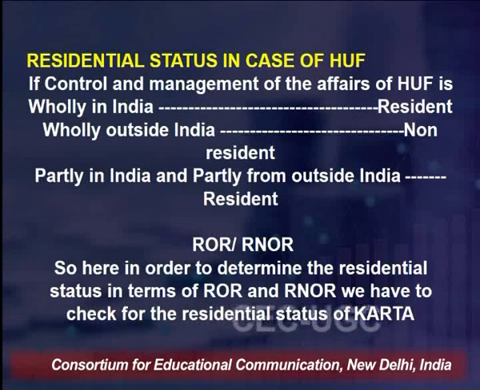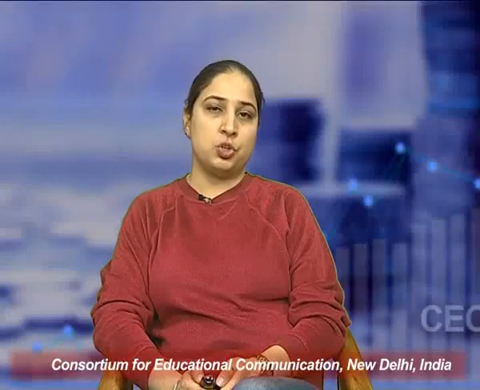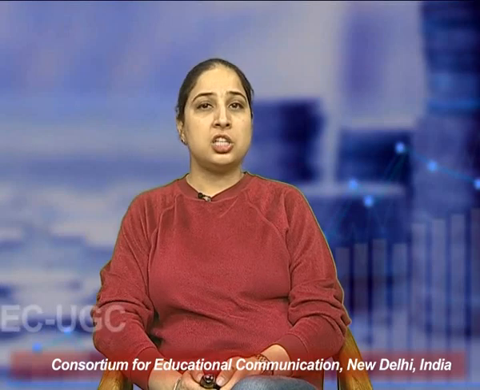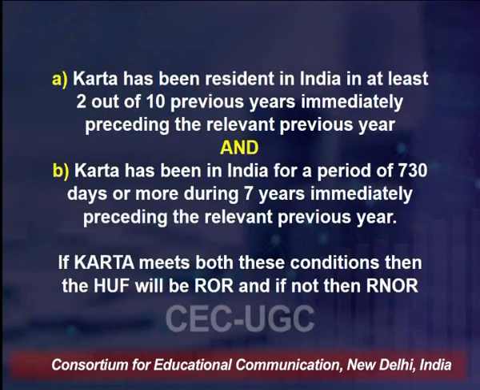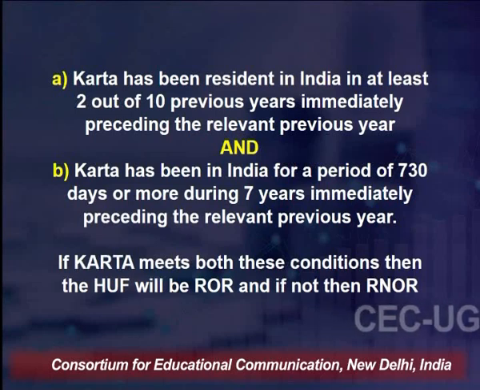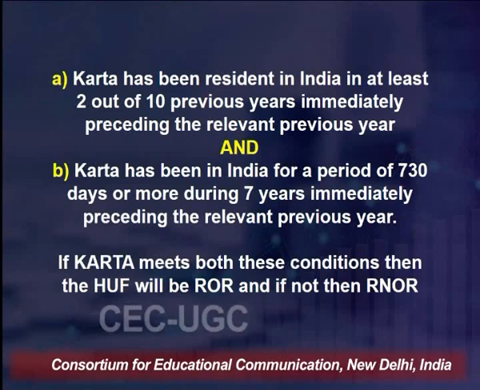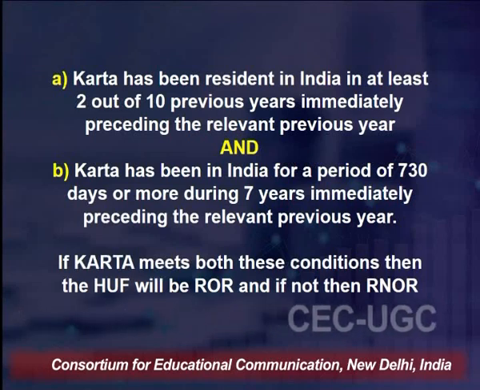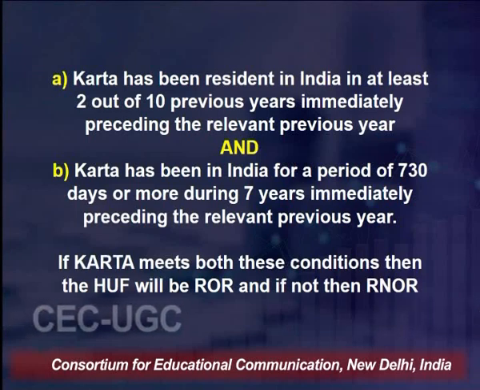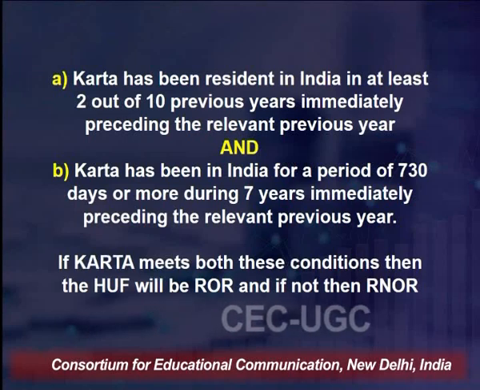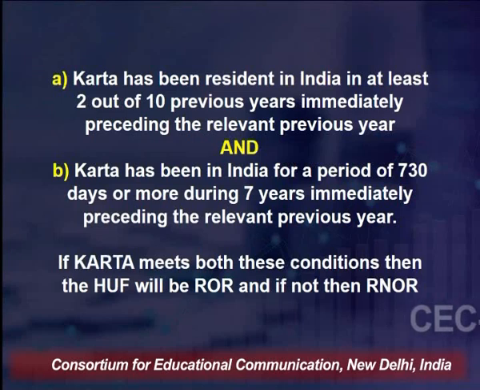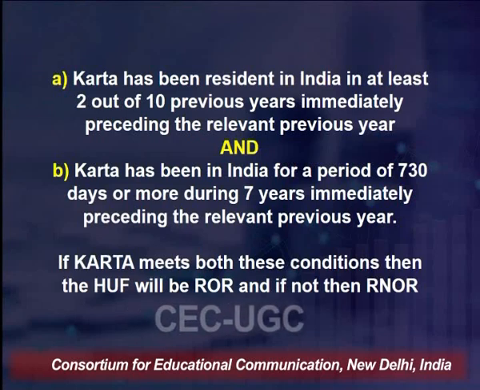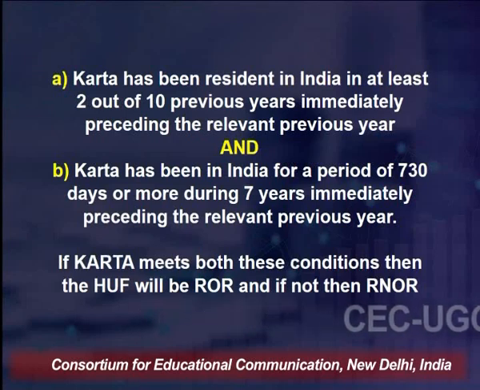If the Karta meets the additional conditions which we talked about, for example, that the Karta has been resident in India in at least 2 out of the 10 previous years immediately preceding the relevant previous year, and additionally the Karta has been in India for a period of 730 days or more during the 7 years immediately preceding the relevant previous year, then we would say that this Hindu undivided family is not just a resident, but a resident and ordinarily resident in India.